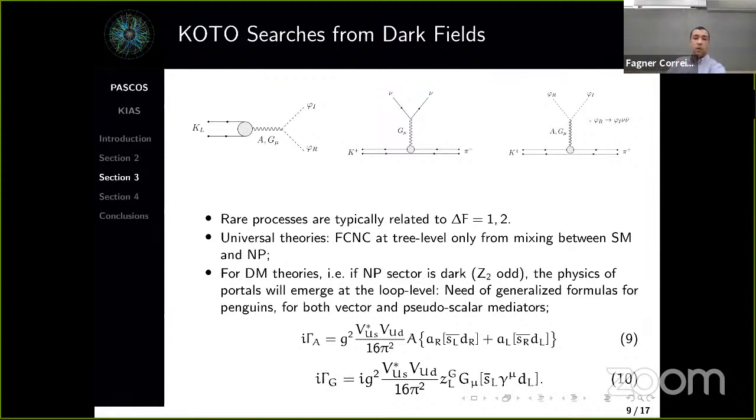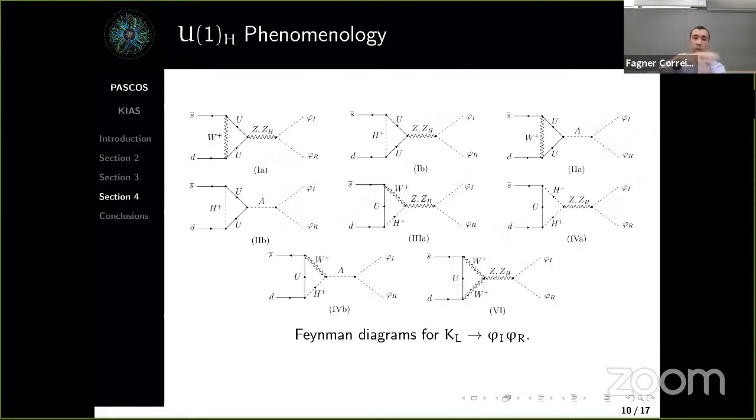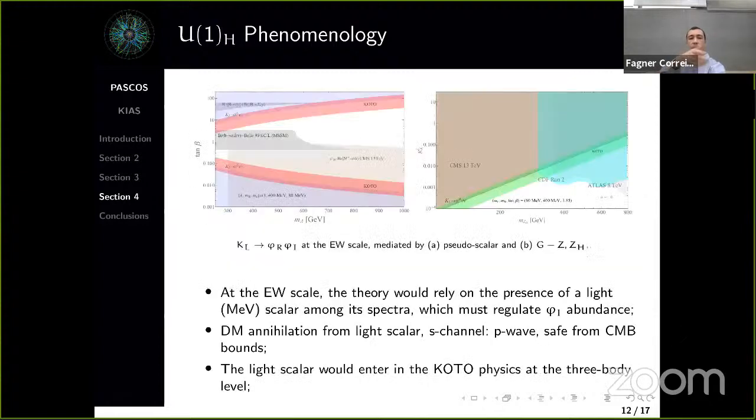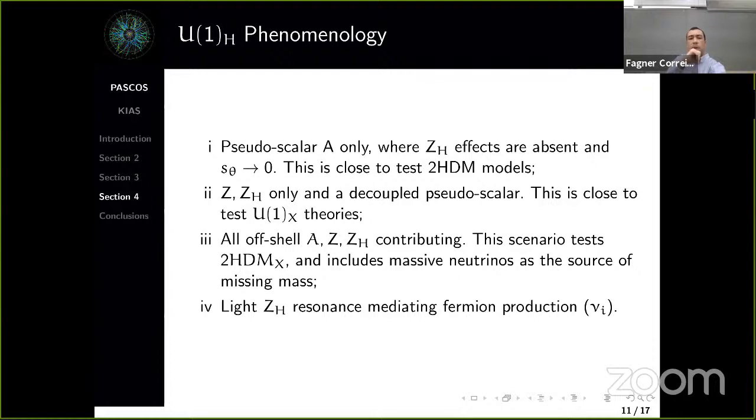And therefore we need to generalize our penguins, which means we need to compute all of these diagrams here for both the Z_H and the scalar mediators. Again, I will just mention that, remember, we have both 2HDM and U(1)_X.